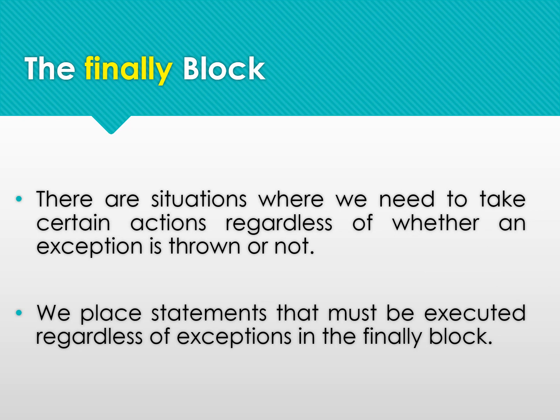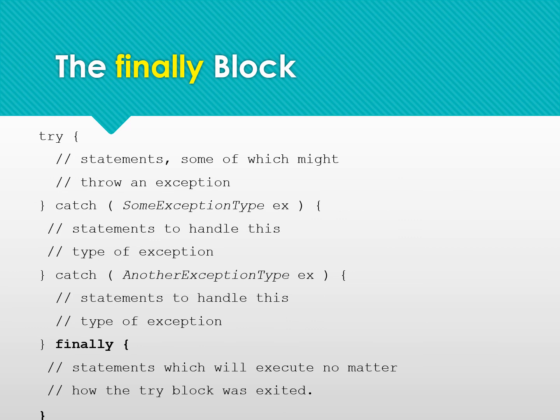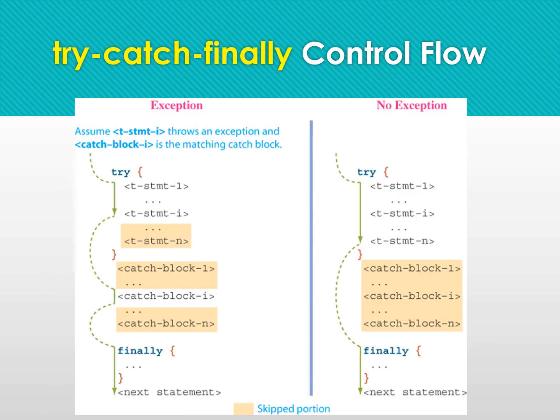And there's another keyword that you can use, which is finally. Finally is actually a block which will be executed whether an exception happens or not. So a visual representation of this is, let's say in this example, an exception happened here, so this part will be skipped, and then it will go to the catch block which is suitable for that kind of exception, and after that it will execute whatever is in the finally block, and then it goes out and continues execution.